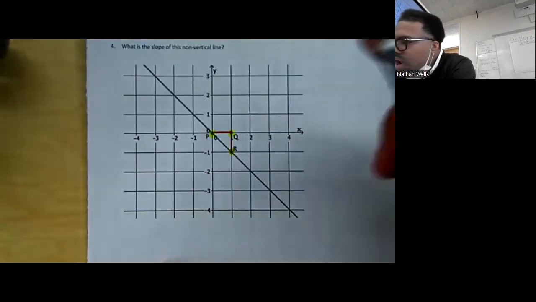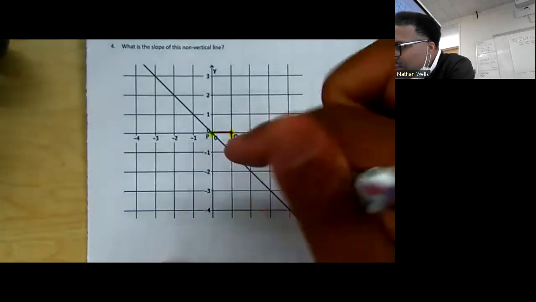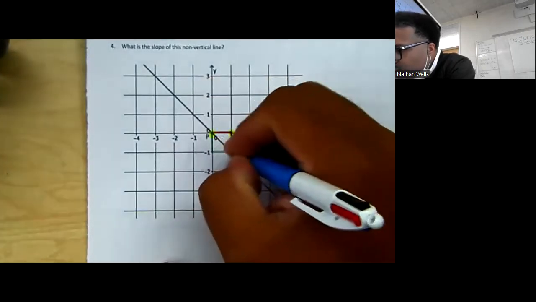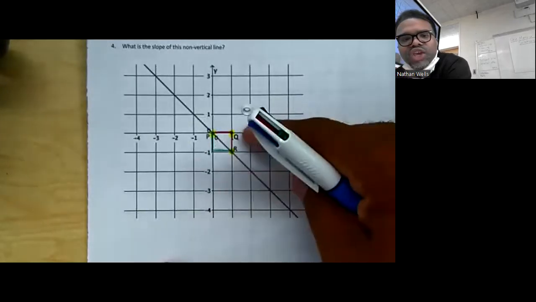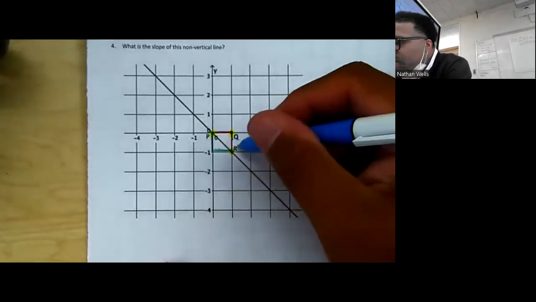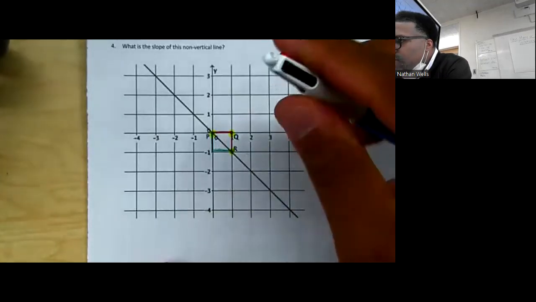They want me to take the red route and not the green route. Remember, there's another way of getting there. They want me to take the red route. That's why that Q is there. So we have points P, R, and Q.